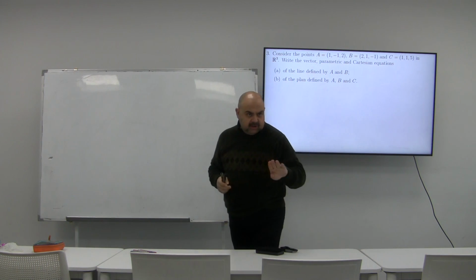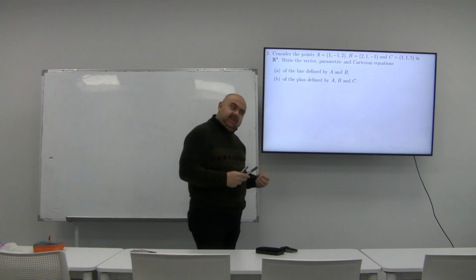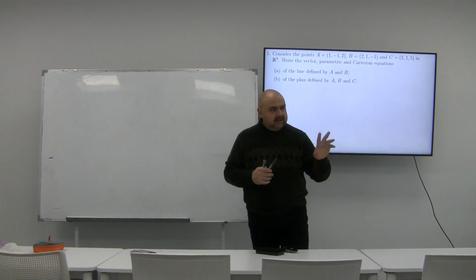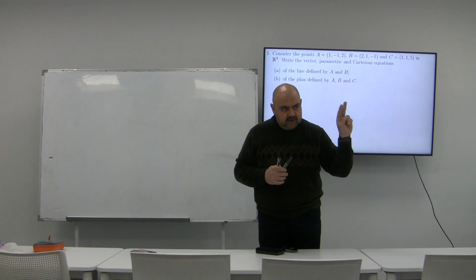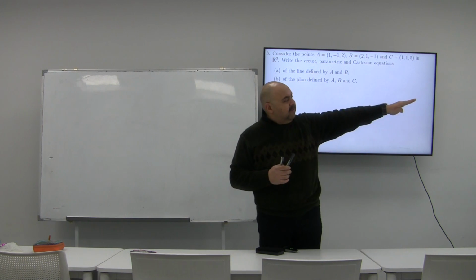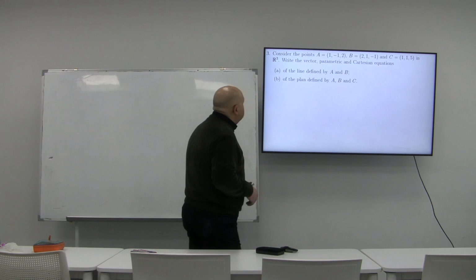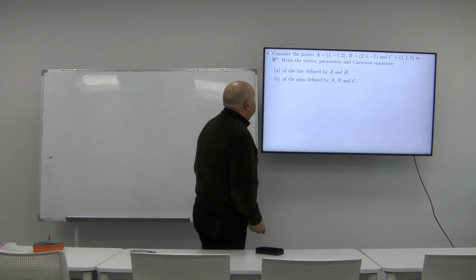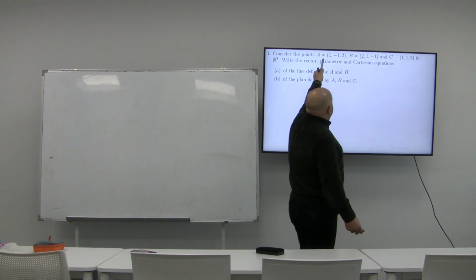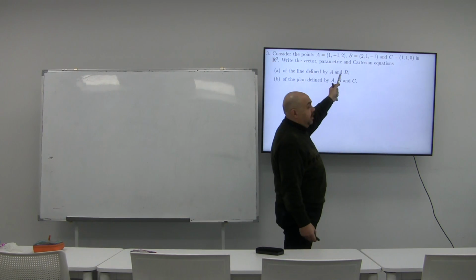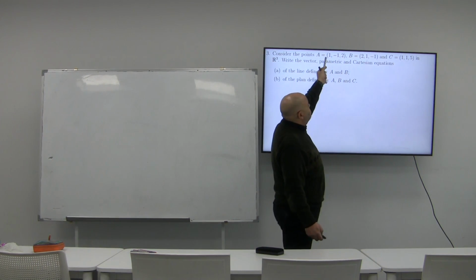So for any straight line, in order to get its equation, either in parametric or in Cartesian, it's fair enough to find just 2 things: 1 vector in its direction and just a point. So in order to get a point, I will choose, let's say, point A, because he just means the line defined by A and B. So this is the point.